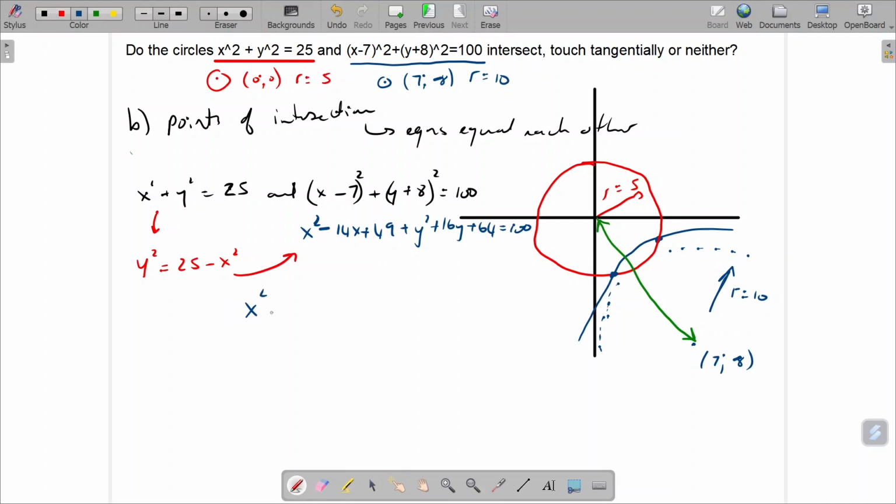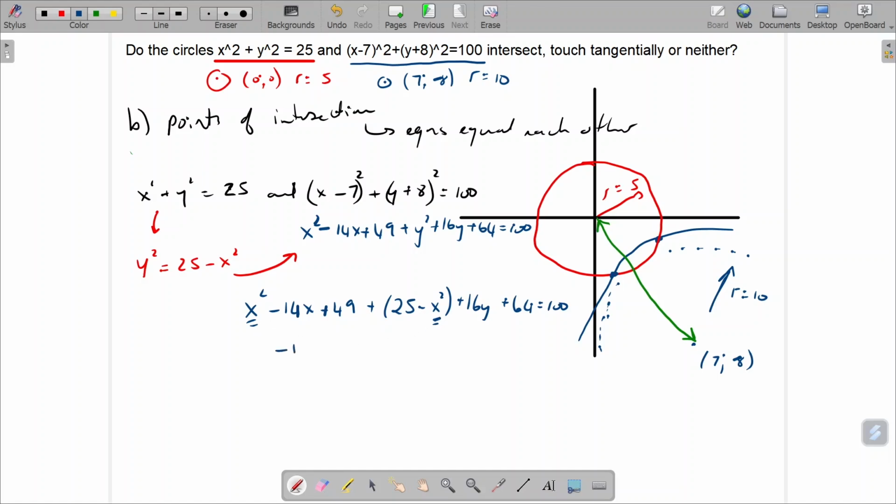I will now have x squared minus 14x plus 49 plus 25 minus x squared plus 16y plus 64 equals 100. These x squareds, perhaps unfortunately, will cancel out.